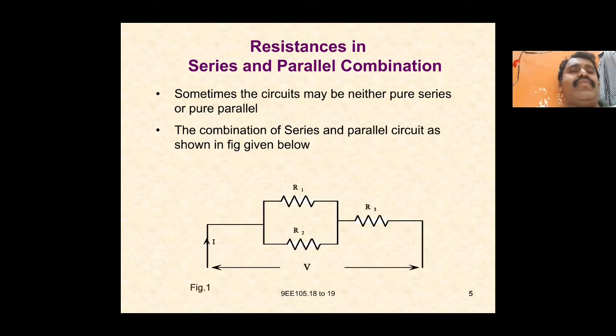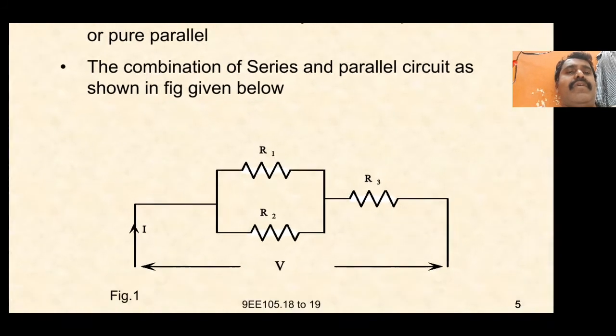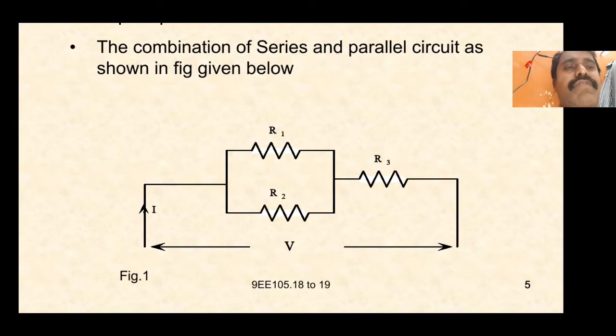Here two resistors are connected in parallel, and this parallel combination is connected in series with a resistance, where we are applying the voltage V. When the voltage V is applied, the current flows across the resistors R1, R2 and R3.